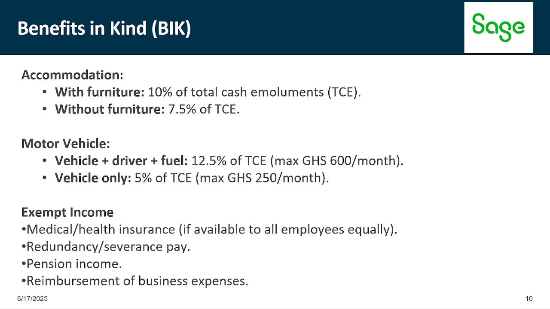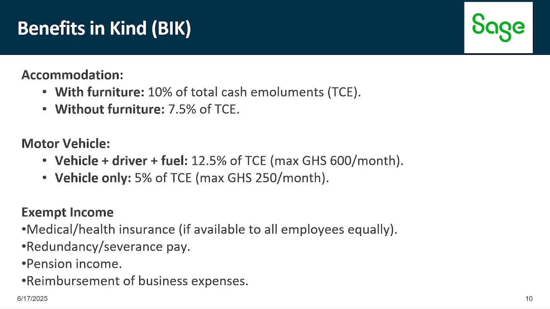You are paid basic salary 5,000, allowance 1, 2,000, allowance 3, 1,000. So you are earning 8,000. Those are your total cash emolument. We say TCE. We calculate 10% of your total cash emolument and add it to your earnings and then tax everything progressively.